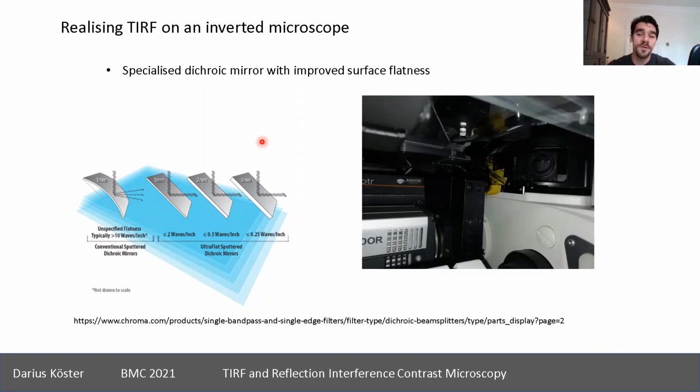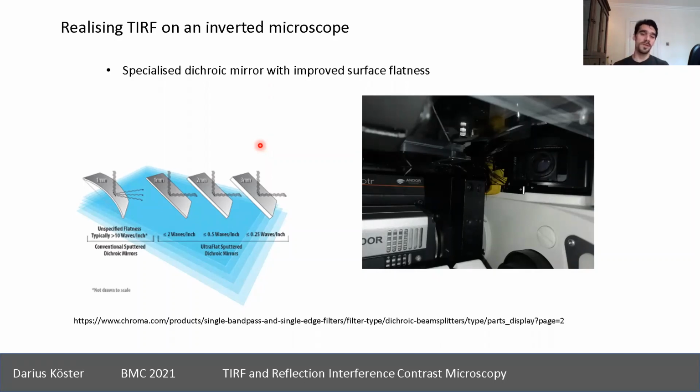Now, the important thing for TIRF is that you use the appropriate dichroic mirrors, because in TIRF it's very important to have a very clean reflection of the laser light up into the objective, because you come in with quite a tight laser beam, and any kind of bending or diffraction in the dichroic can disturb the quality of your field.